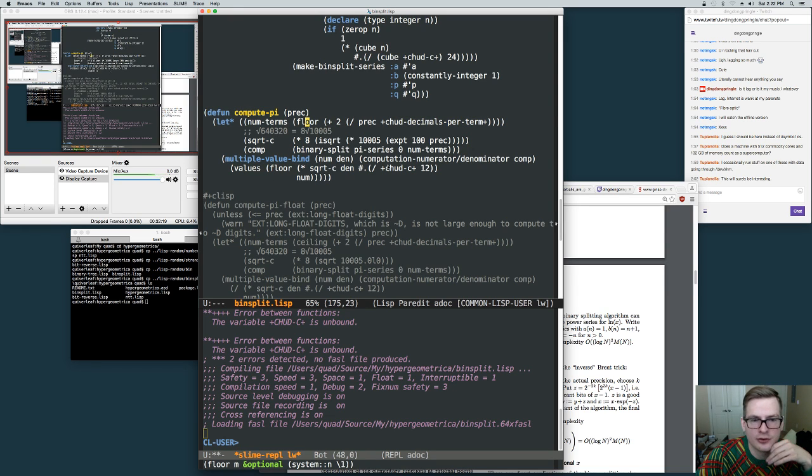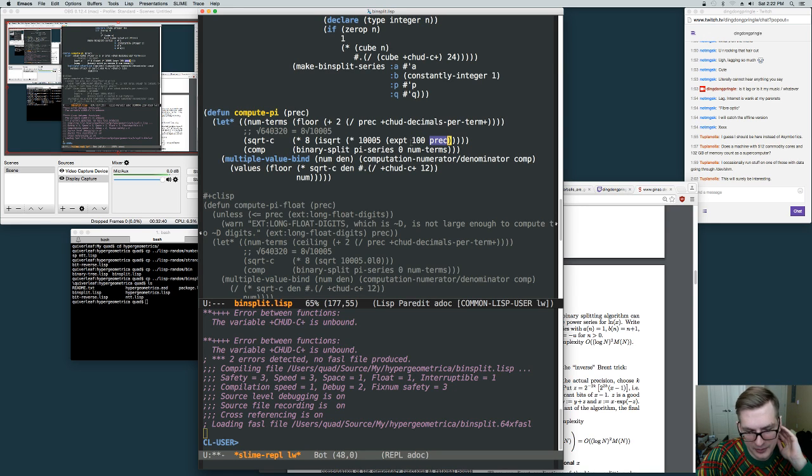I compute this square root thing. Now you'll notice that there's something kind of dumb here. I am computing square root by doing an integer square root of 10005. But you'll notice that I'm exponentiating or multiplying that by 100 to the power of our precision.